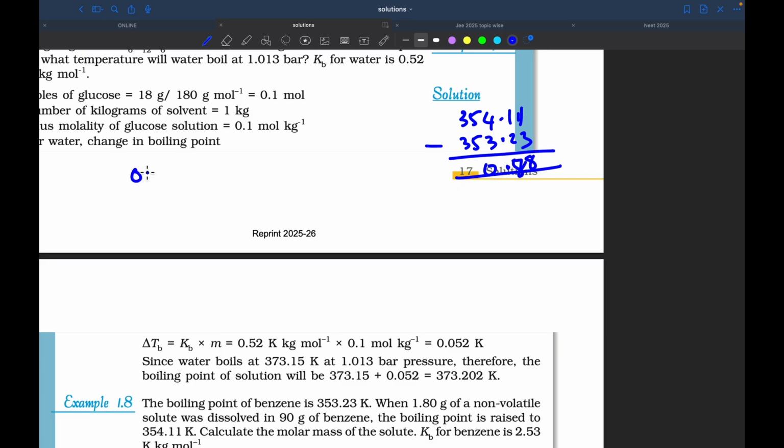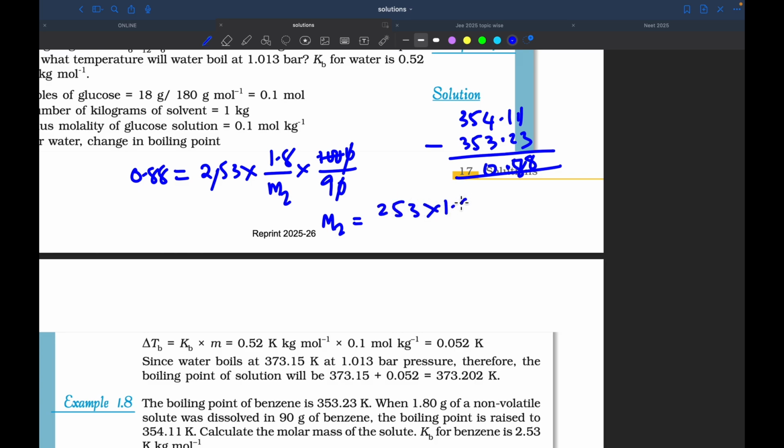So this is 0.88 equals 2.53 into W2. How many grams? 1.8 grams. M2 has to be found, into 1000 over how many grams of solvent? 90 grams of benzene. So how will you solve this? This zero went with this, both zeros went, and here 2.53 came. So my M2 equals 2.53 into 1.8 over 0.88 into M2.